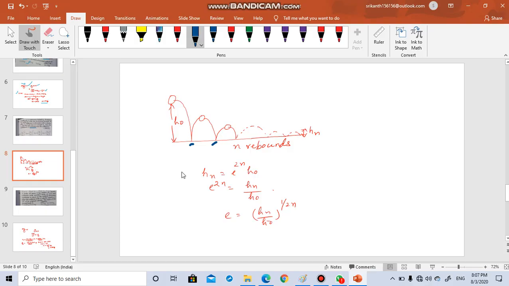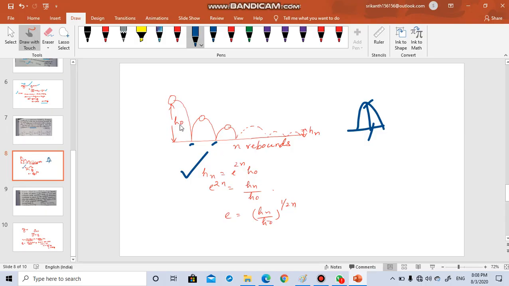So if you refer my notes, I have given you one formula, hn, that is the final height at the nth rebound. Hn is the height, this height. This is the nth rebound. There must be some height here. See, the exaggerated diagram will be like this. So I am talking about this height. Okay, this is hn. So hn is equal to e power 2n into h0. h0 is the initial height.